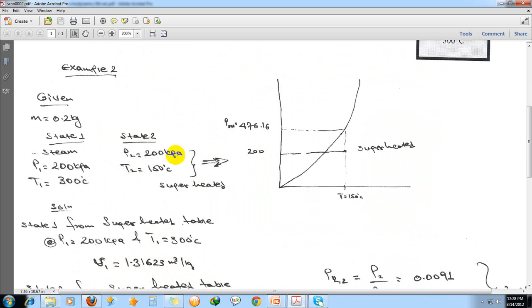State 2, P2 is equal to 200 kilopascal and T is equal to 150 degrees centigrade. So first we have to determine the state. So using graph method or any other method we can determine the state. First let me fix the temperature 150.